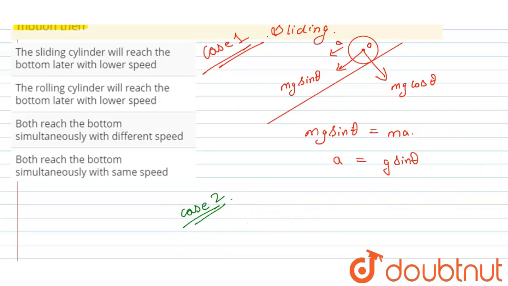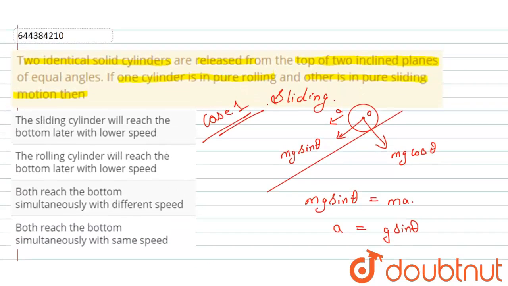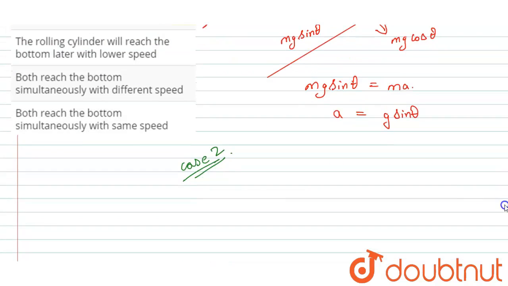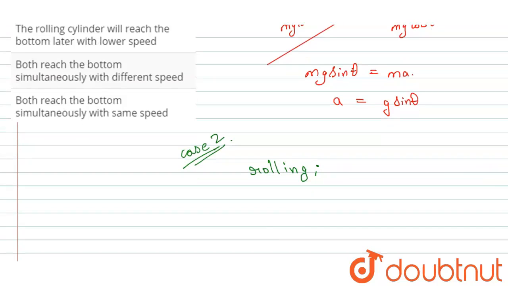Now when we talk about case 2, when the cylinder is rolling, the diagram will be like this.